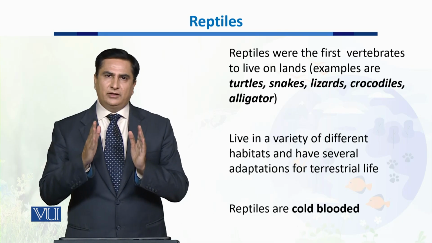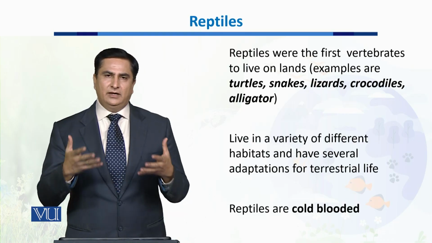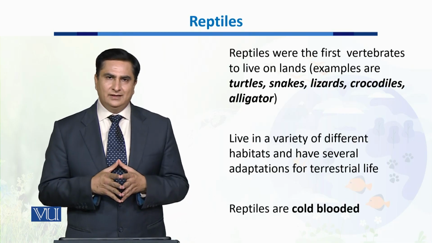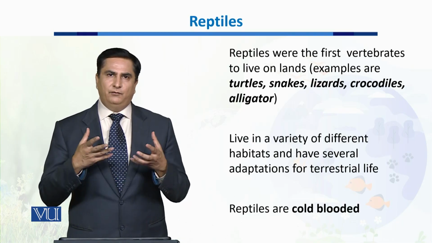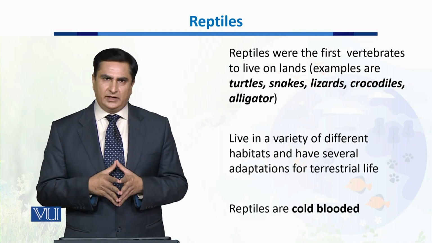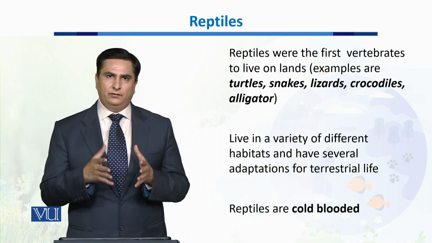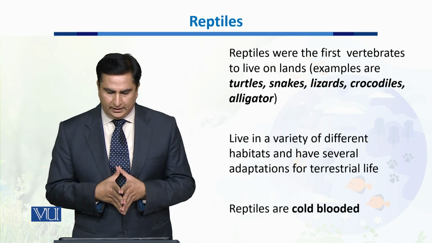If we talk about the fossilized reptiles, you must be aware of the dinosaurs. There were huge varieties of dinosaurs which once lived on this planet, and now they have become extinct. They were also part of this large group of vertebrates, which is reptiles.